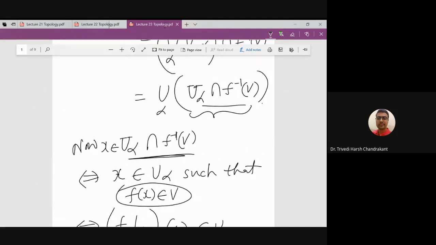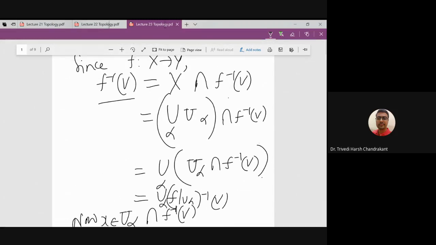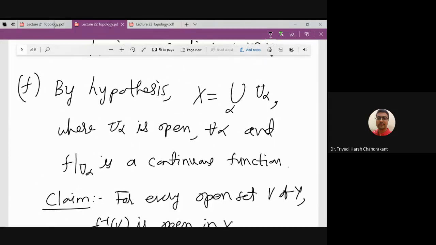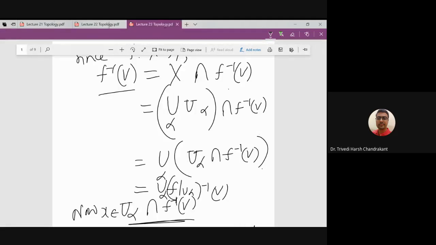So therefore we can write this set as the union of the inverse image of V under F restricted to U alpha. And since we have already assumed that the restriction map is continuous, the inverse image of V under this map is open.